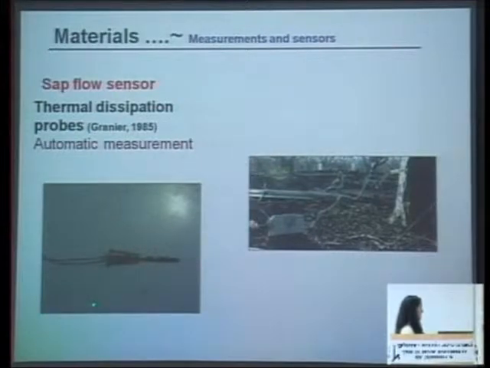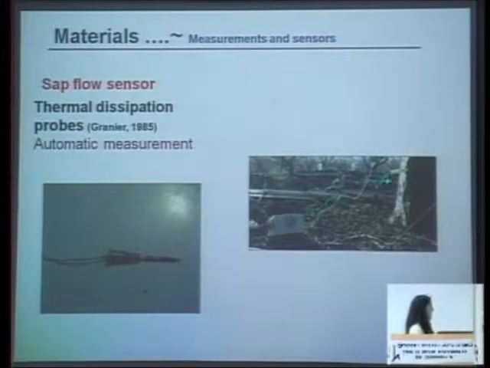This is the heated probe. Then we developed this and installed it in the plot about 10 cm above the soil level. This is the reference probe, while about 10 cm above the reference probe we install the probe with thermocouple, meaning the heated probe.